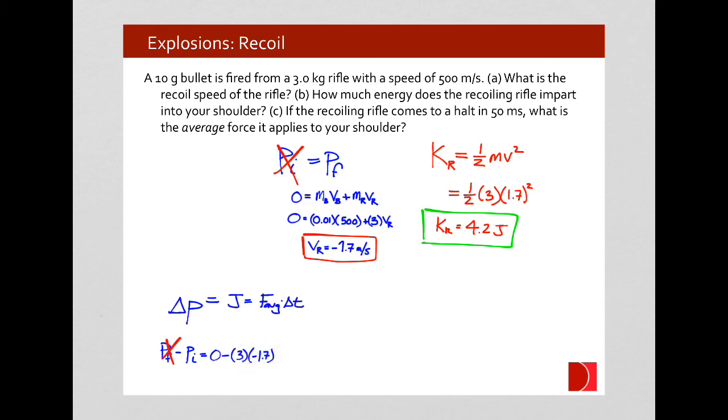It's going to the left. And that would equal the average force times the change in time, which is 50 milliseconds. In this case, we can cancel out the negative signs.